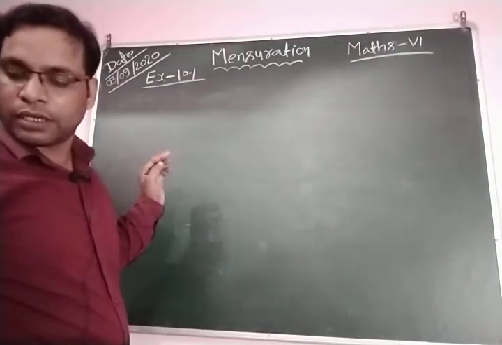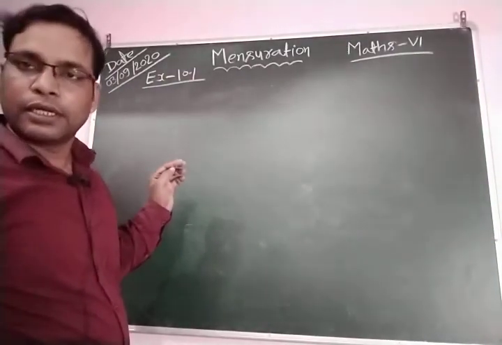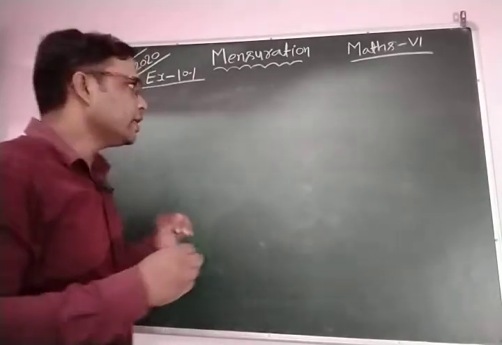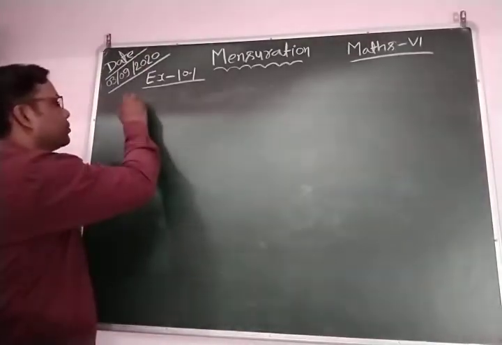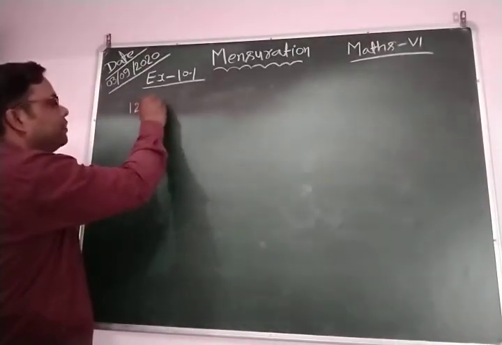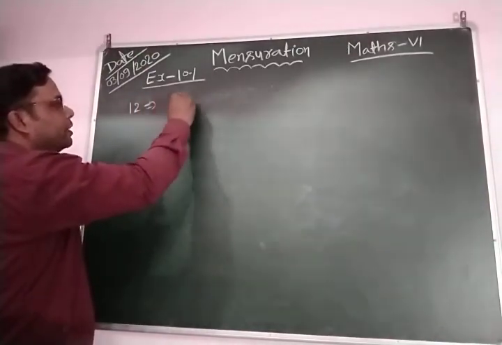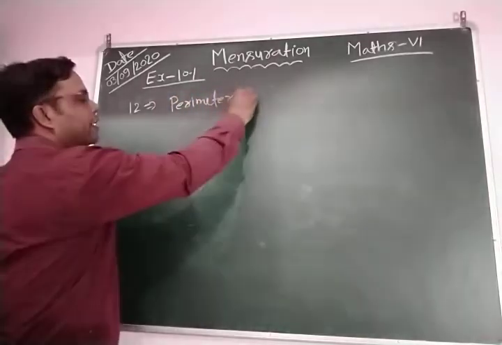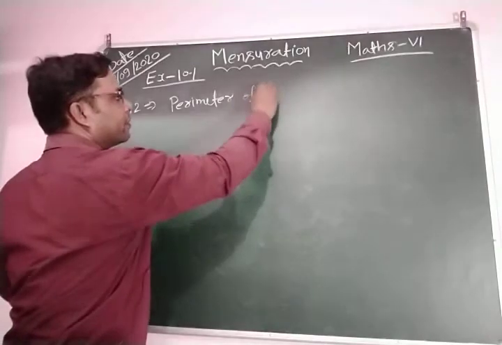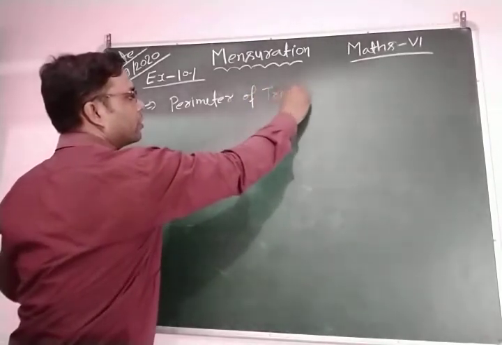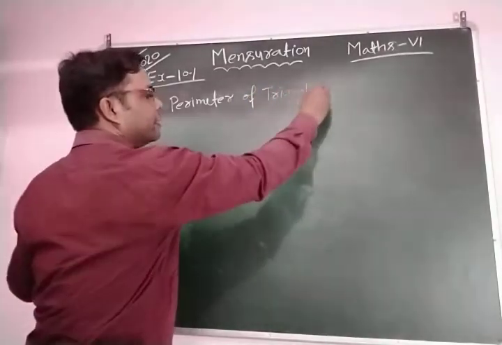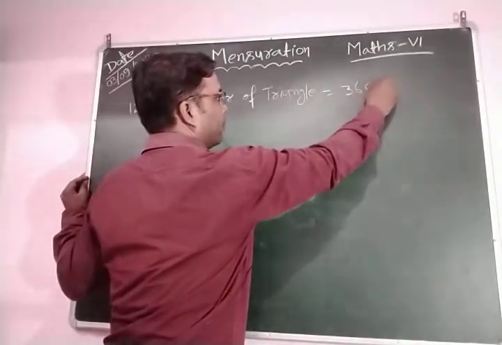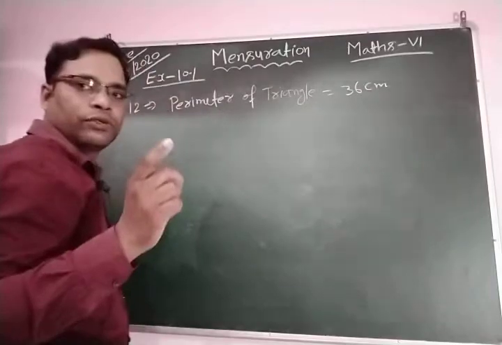A formula we write here to find the third side of triangles. Here you can see in question number 12, the perimeter of triangle is given, 36 centimeter.